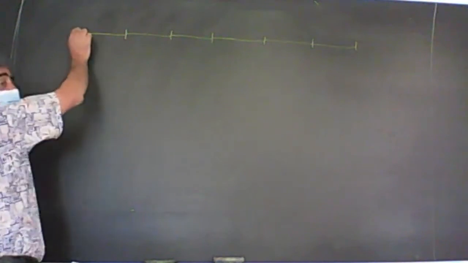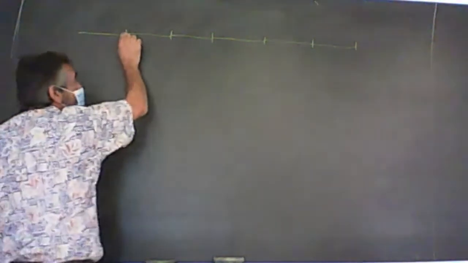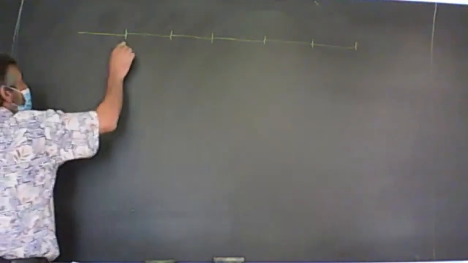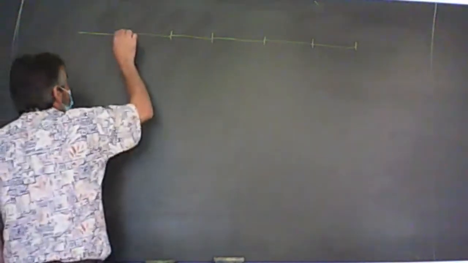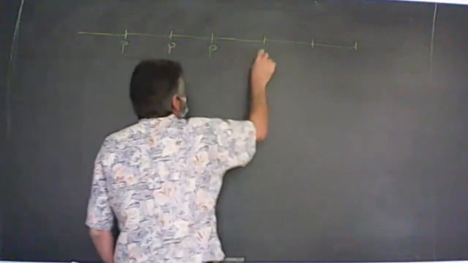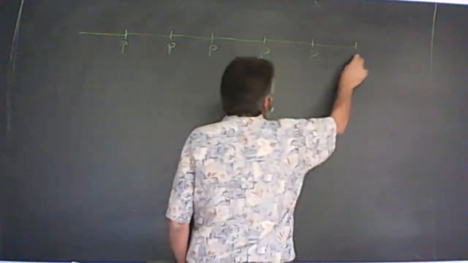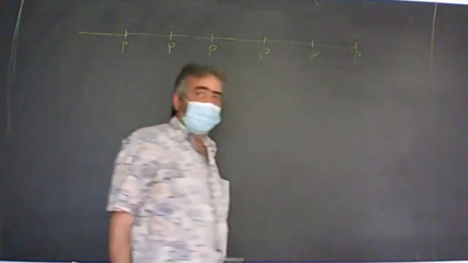So for example, this is the beginning of the period. This is the end of the period, right? You deposit a certain amount of money. Let's call that P. So at the end of each period, this is P, this is P, this is P, this is P, this is P, this is P.